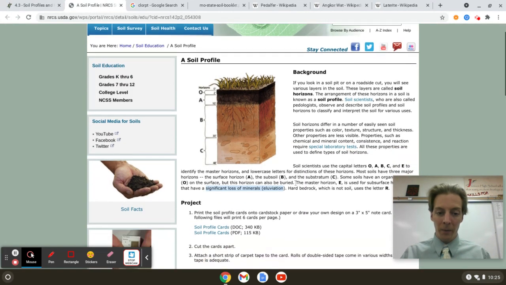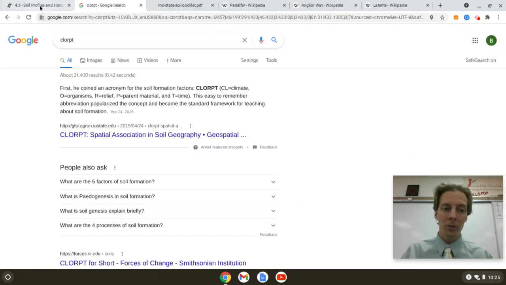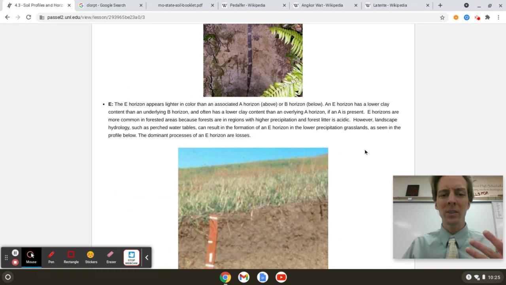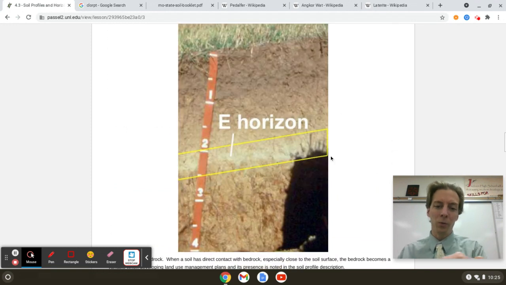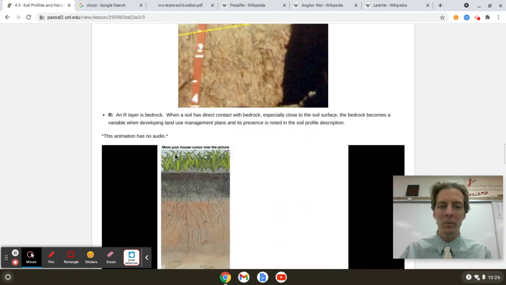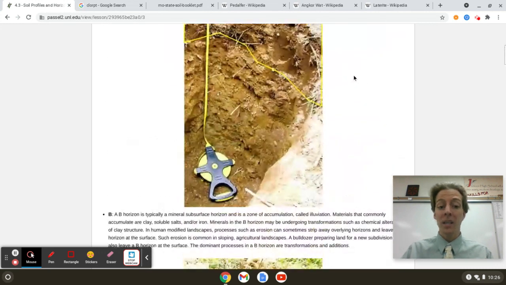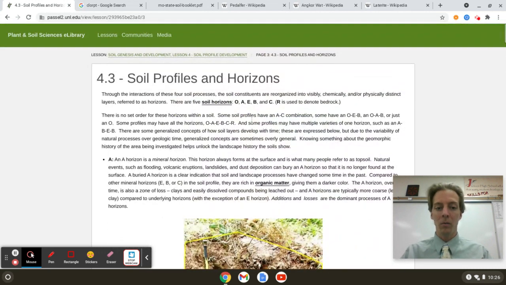The E here stands for eluviation. It's a significant loss of minerals, okay? So E is a significant mineral loss, and it's not always present. It's usually a fairly narrow band. It's lighter in color. Those are the other things it's talking about. R is rock. It's bedrock. So O, A, E, B, C, R.